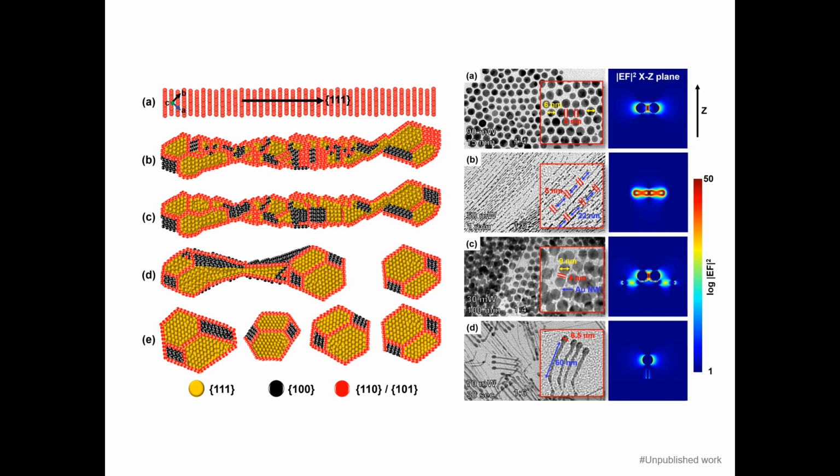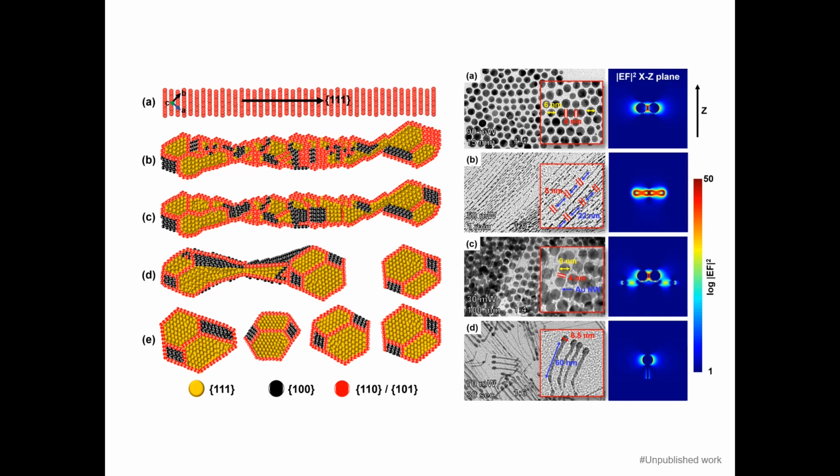For example, when we use a time of 15 minutes and a power of 19 milliwatt, we get gold nanospheres. With 1 minute and 50 milliwatt, we get gold nanorods. With 100 minutes and 30 milliwatt, we get gold nanospheres along with gold nanowires. And with 30 seconds and 70 milliwatt, we get gold nanotadpole structures. And here is the FDTD simulation of the field effect.